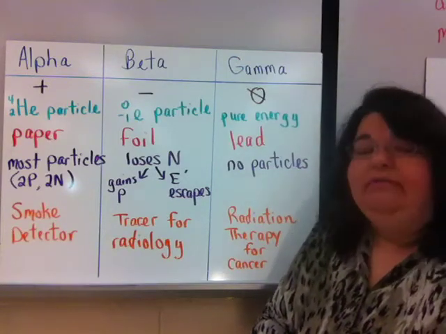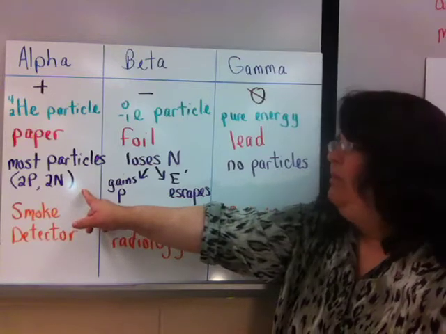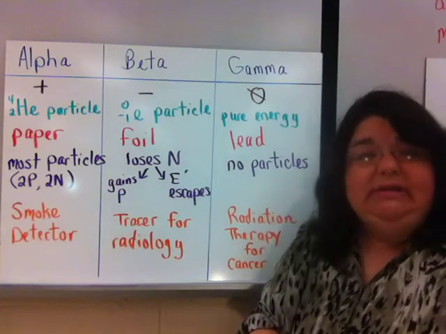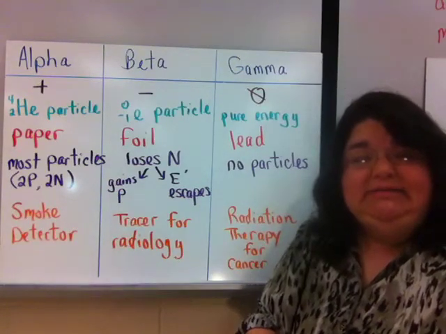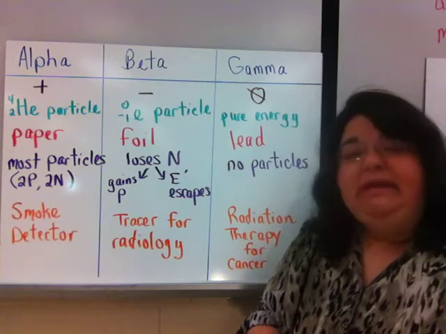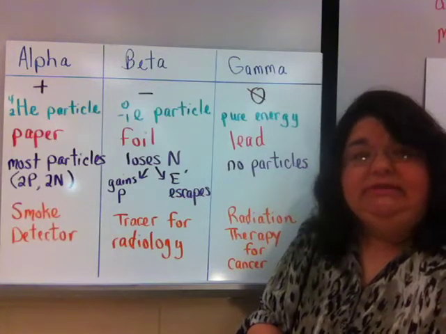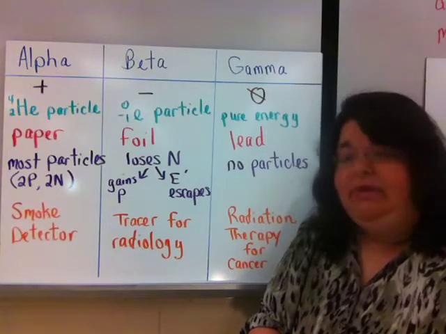Now, the benefit for alpha decay is that you lose the most particles out of it. When a nucleus has this unstable condition, its objective, the reason it wants things to leave the nucleus, is so that it can become stable again.